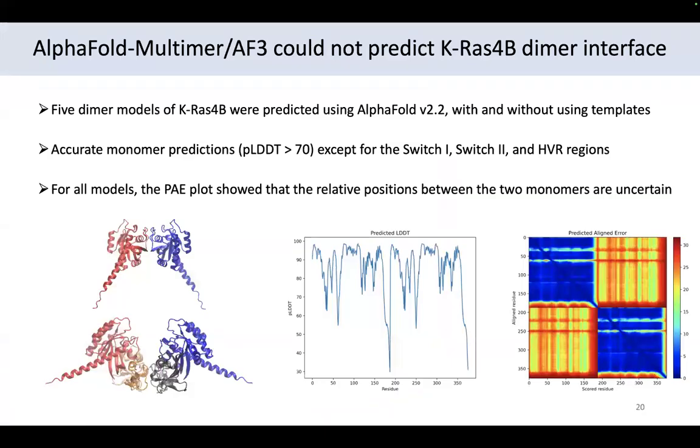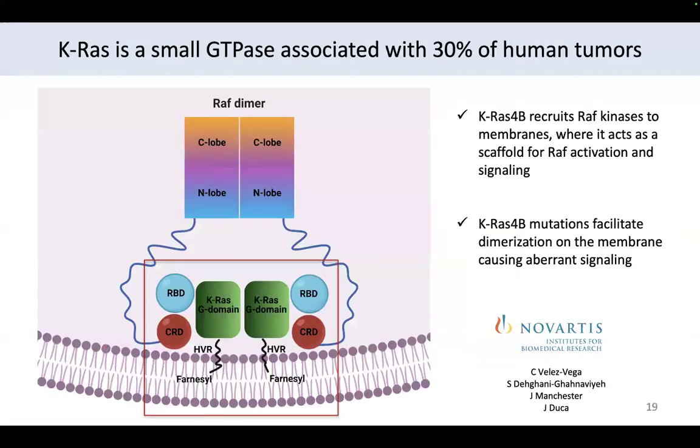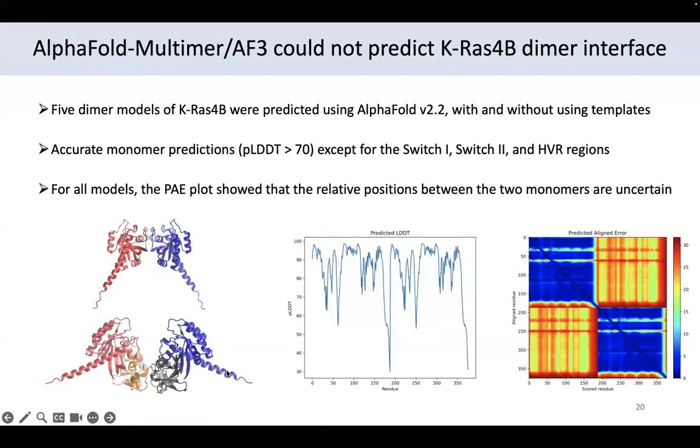Of course, as many people, the first thing that we wanted to do to get the structure of the KRAS dimer on the membrane was to go to AlphaFold multimer and AlphaFold 3. However, we found that while AlphaFold 3 and AlphaFold multimer could produce the structure of the KRAS monomer with very, very high fidelity, it could not produce it for the structure of the dimer, showing a very low pLDDT score.